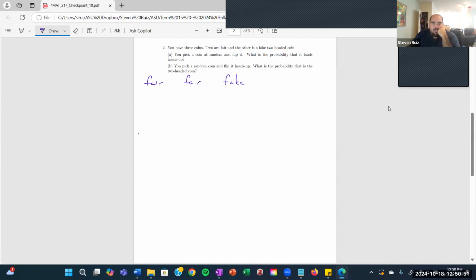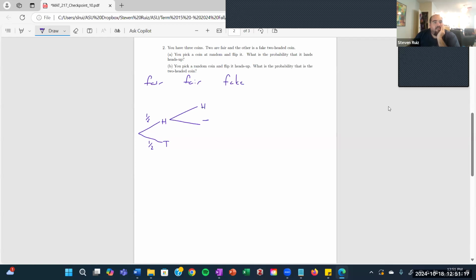So fair coin. I have a perfectly equal chance to flip a heads or tails, right? The next fair coin is very much the same.